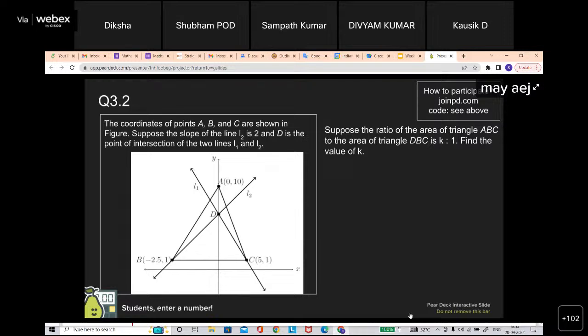One minute more, then we will discuss the solution. And the solution itself is just using the coordinate system. You will see that using the area of triangle formula, that is 1 by 2 x1 (y2 minus y3) plus x2 (y3 minus y1) plus x3 (y1 minus y2), in mod.